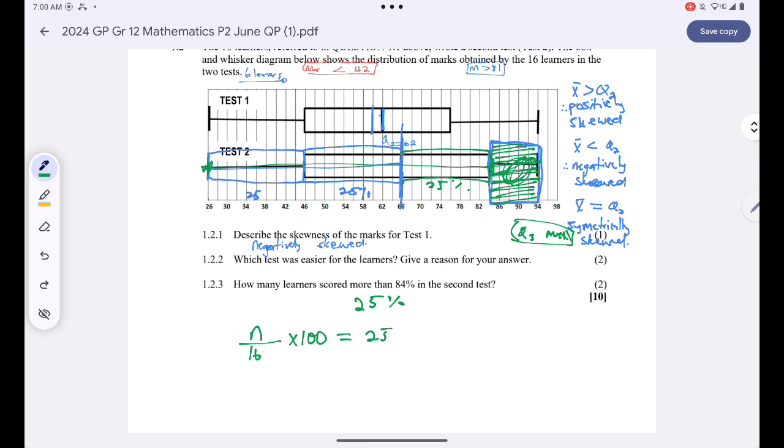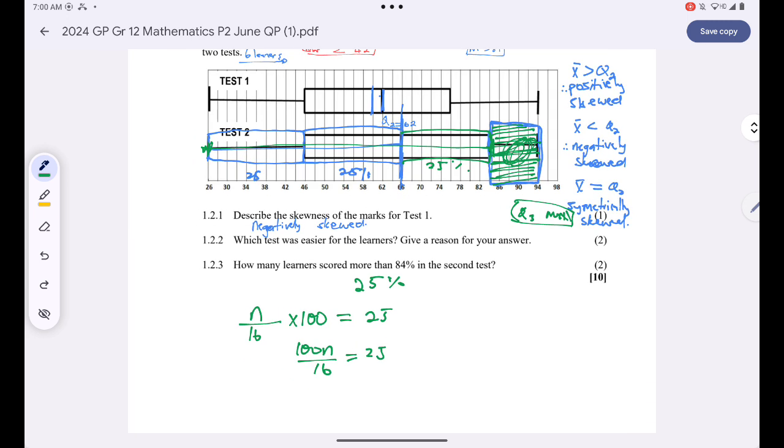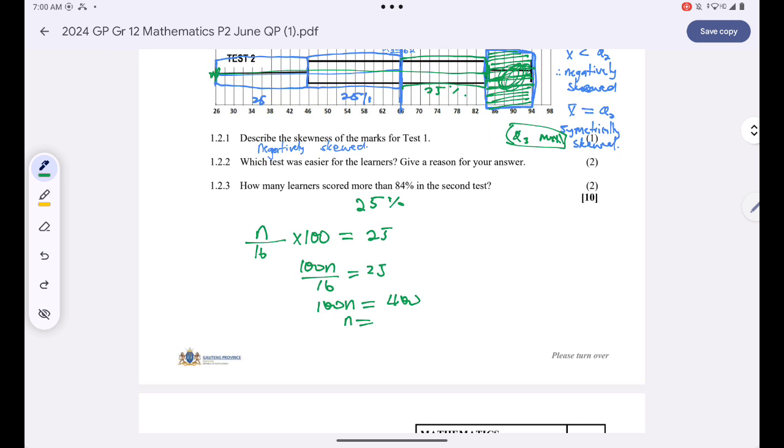Then 100n divided by 16 is equal to 25. Multiplying both sides by 16, 25 times 16 gives me 400. Then 100n is equal to 400, so n is equal to 4. That means 4 learners.